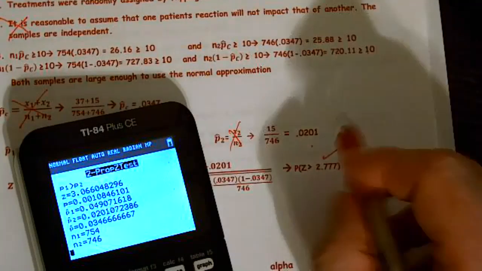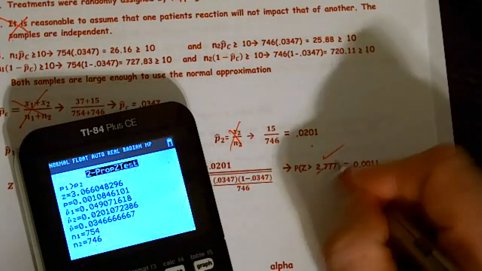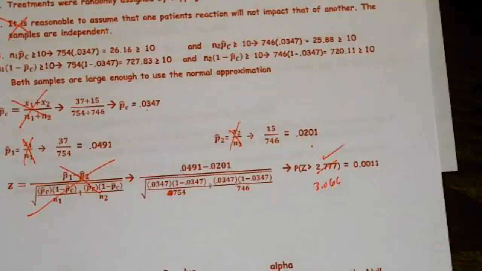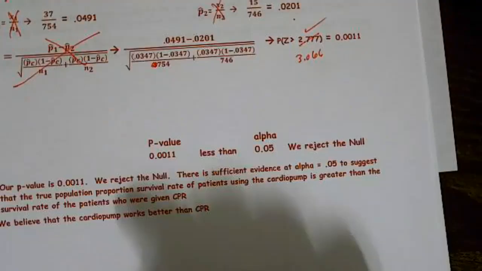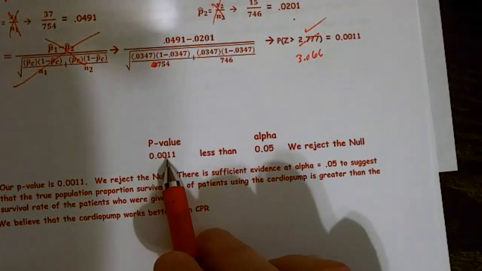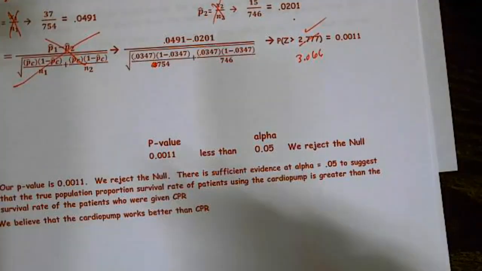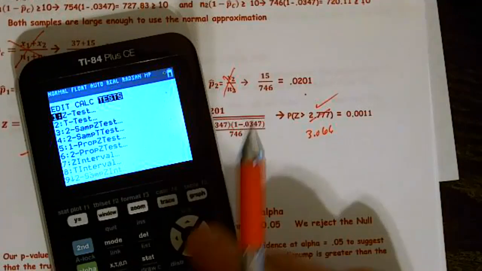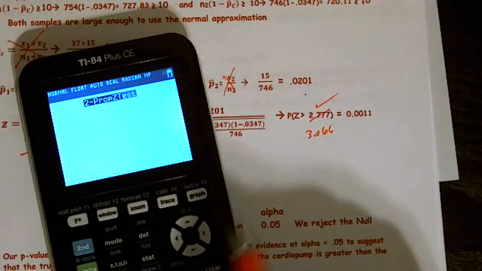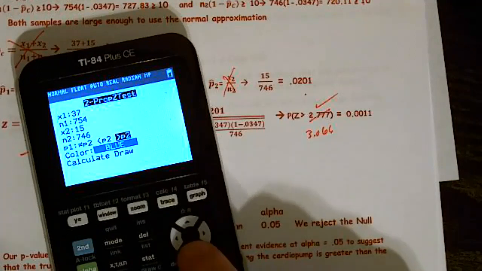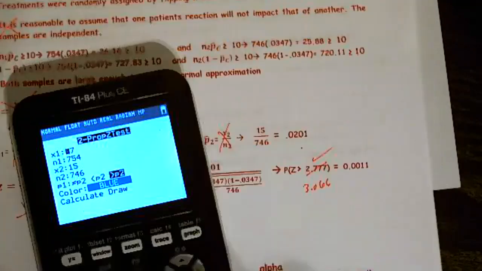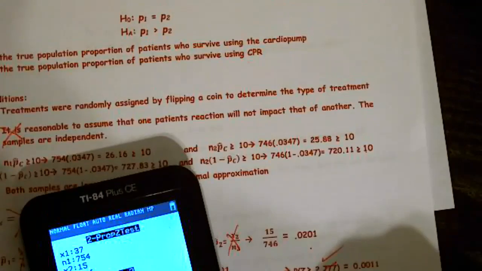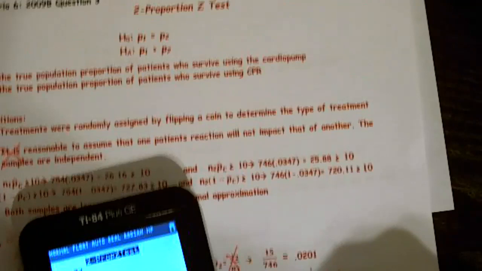For some reason, this is not the same. All right. Our p-value is 0.0011. I'm going to rerun this real quickly. Sorry, guys. You're just going to have to hang on. Stat test, two proportion z-test. 37, is that correct? 37, 754, and 15, 746.